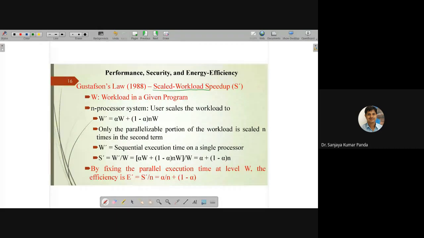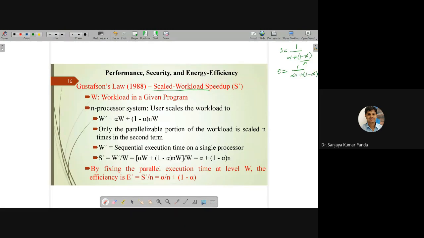I just want to write the speedup again so that you can see all the formulas associated with each other: alpha plus 1 minus alpha divided by n. And efficiency is nothing but 1 by alpha n plus 1 minus alpha.